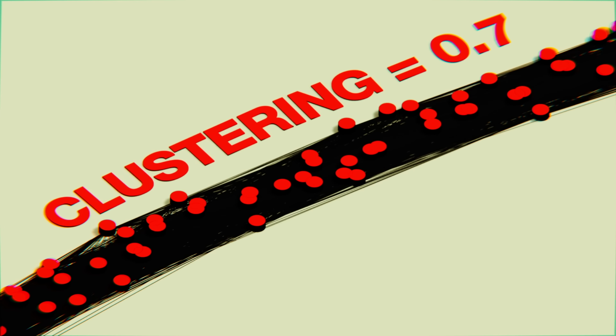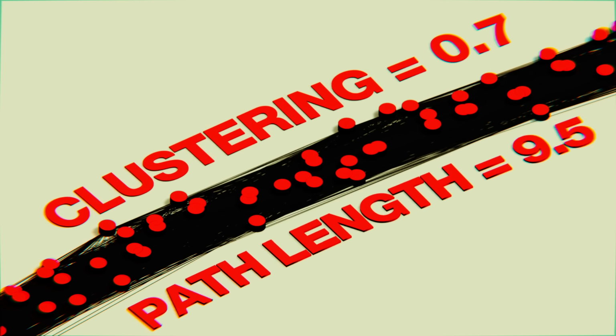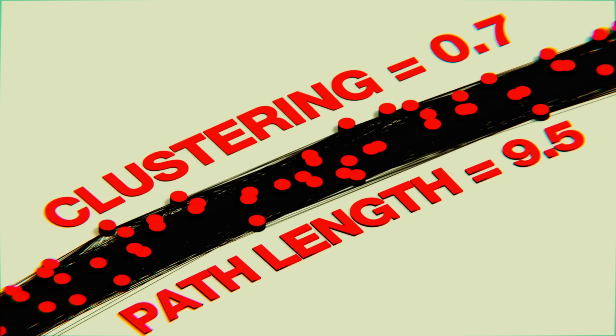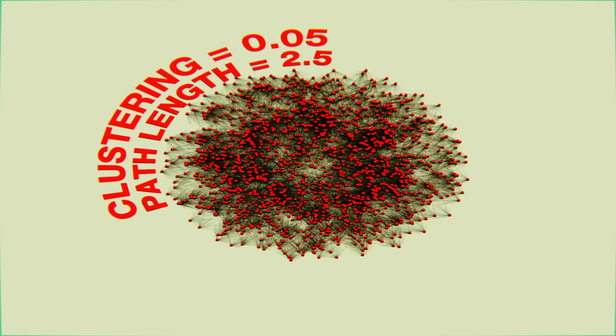For example, this ring lattice network has the same number of nodes and links as our One Piece network, and it has similarly high clustering, meaning a lot of complete triangles, but its path lengths are much, much larger. On the other hand, randomly connected networks like this one tend to have small path lengths like our social networks, but with much fewer complete triangles.